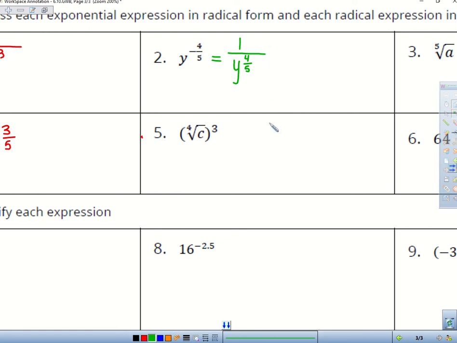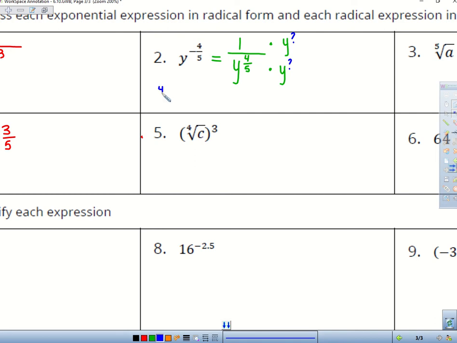So here's the way we get rid of it. Let's think carefully here. Something we can multiply this y to the 4/5 by that's going to get it to have an exponent of 1. I'm going to put this to some power, so I'm not multiplying by just y. If I think of how we deal with exponents that have the same base, we want to figure out what this exponent has to be to make this 1, right?